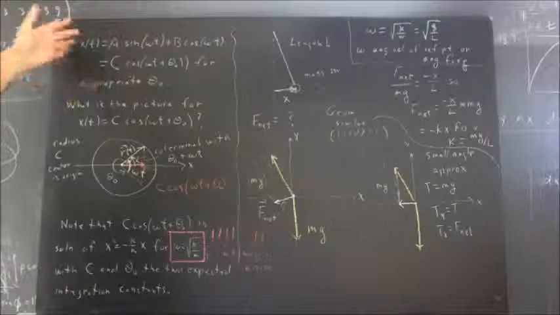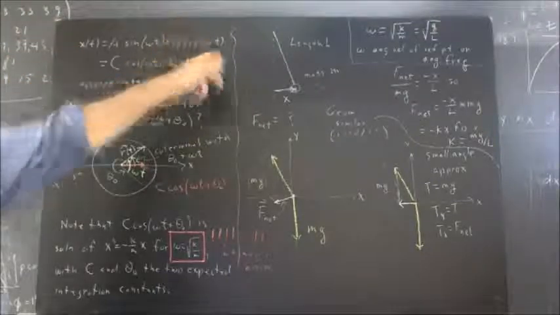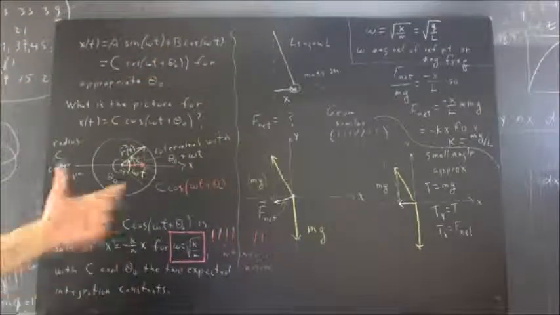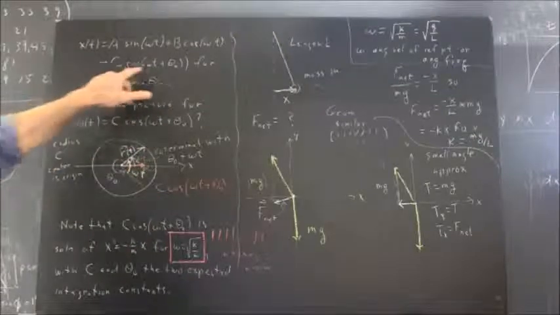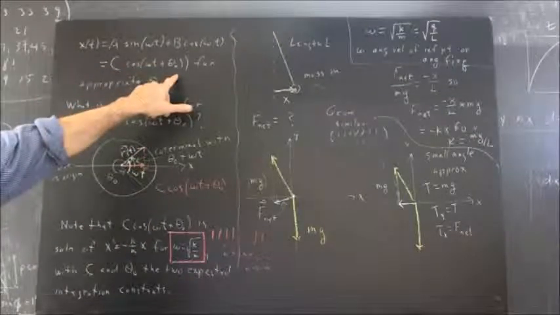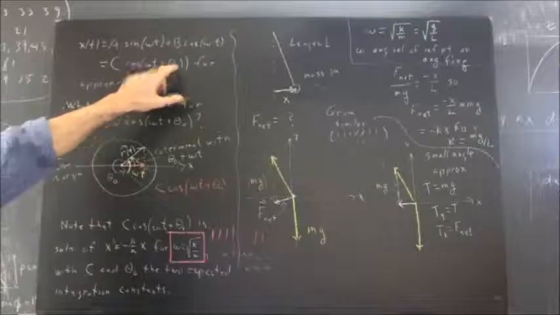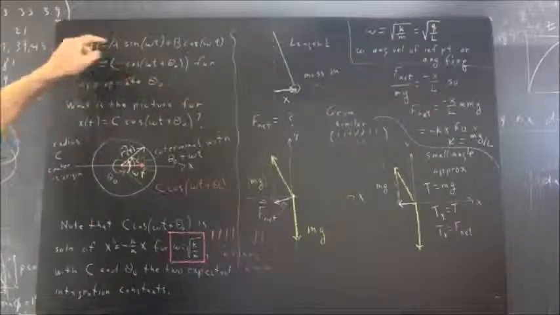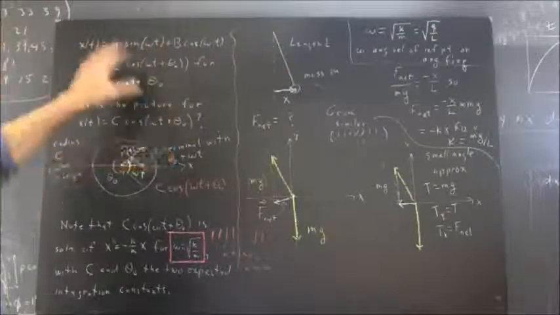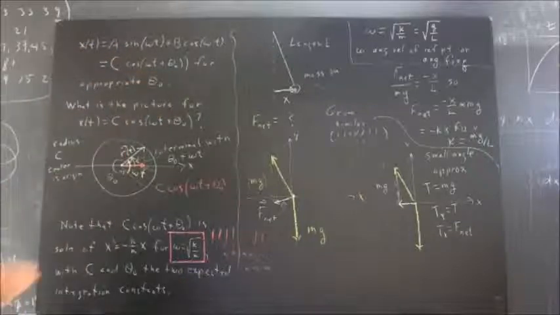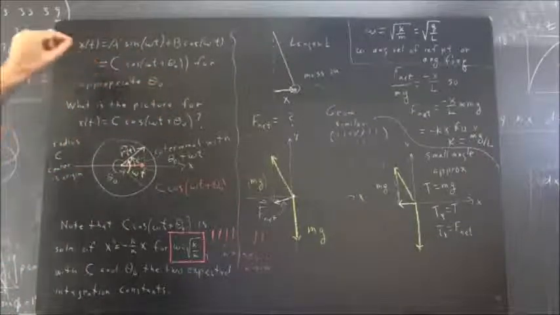Okay, again, our general solution, a sine of omega t plus b cosine of omega t, can be put into the form c cosine of omega t plus theta naught, where c and theta naught depend on the values of a and b. And this is, again, a basic high school level trigonometry operation.